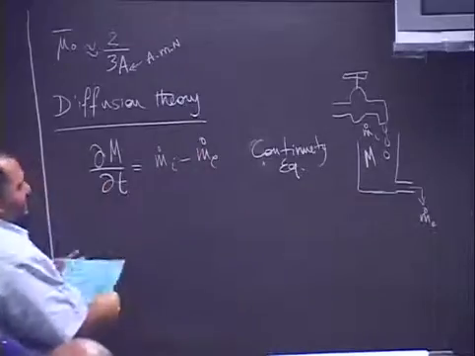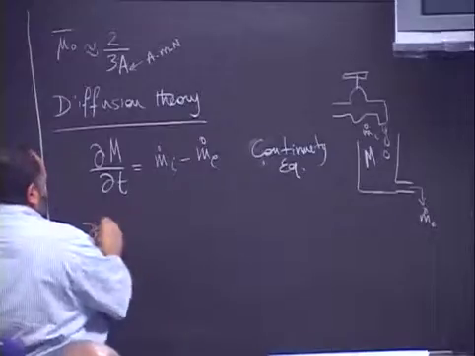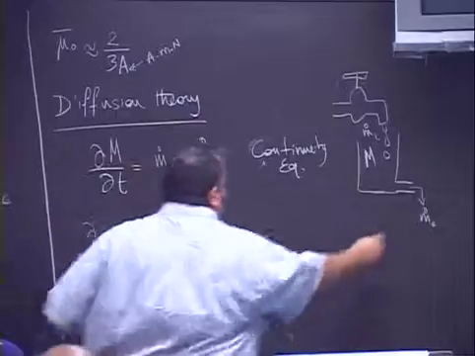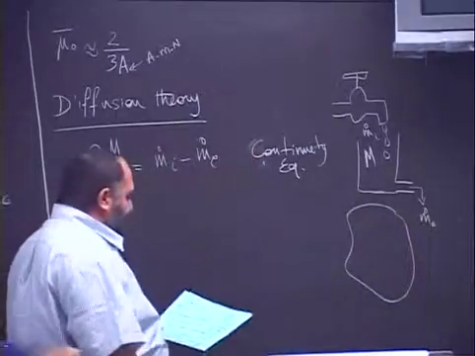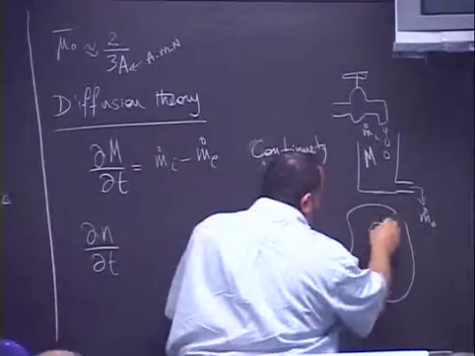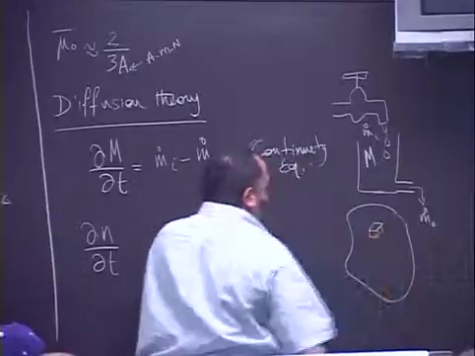Again, the same for neutrons. We'll say that the time rate of change of the number of neutrons per time, if I have a certain volume like this, and in this volume I take a unit volume delta V, this is called a control volume.